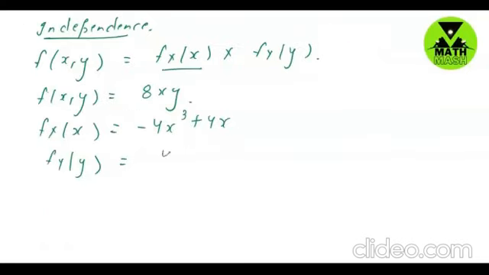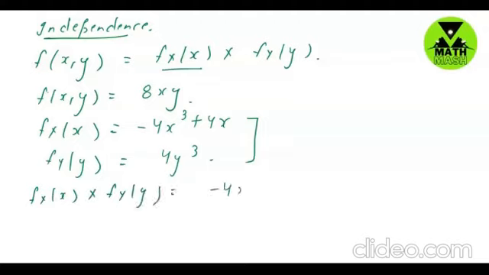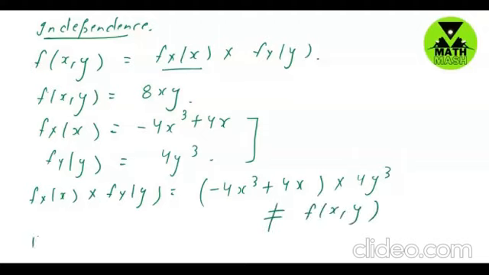When we multiply these two marginal densities, fx of x times fy of y, we get minus 4x cube plus 4x multiplied by 4y cube, which is not equal to the joint function, and hence x and y are not independent. So this is the fourth case.